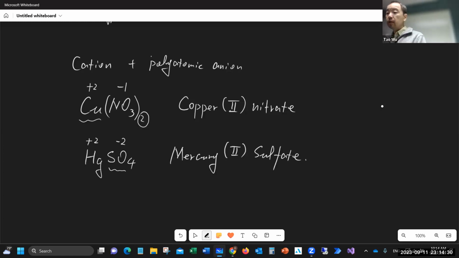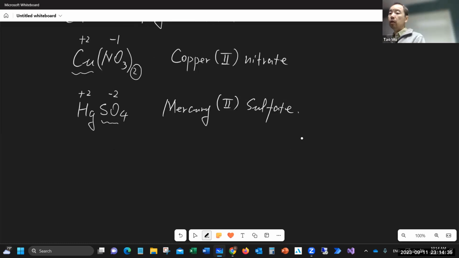Next, magnesium and phosphate. That's going to be more complicated. How do we write the formula if we have magnesium and phosphate combined? Phosphate has 3 negative charge, magnesium has 2 positive.